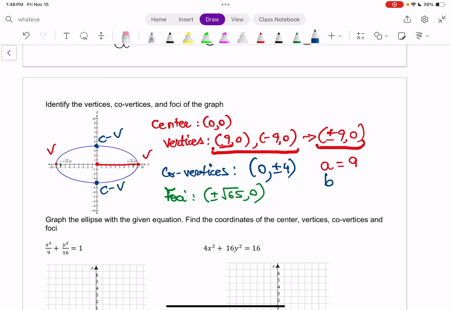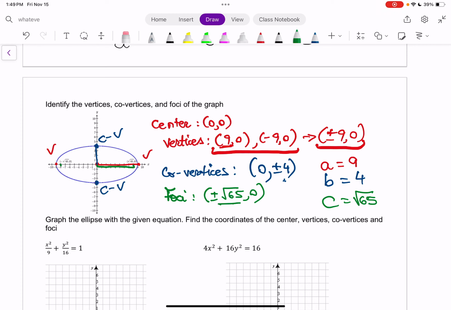B is the distance from the center all the way to the co-vertex, and that's 4 units. And C is the distance from the center all the way to just the focus, and according to the labeled point, that's the square root of 65.